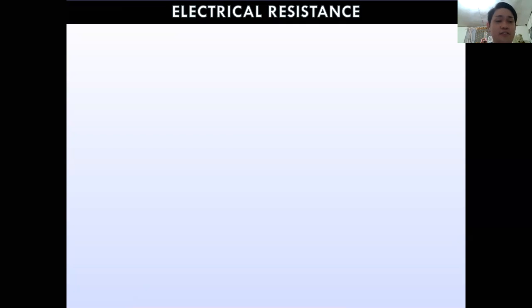And another, it is the measure of how easily charges flow through a circuit. But I guess it's very easy to remember when we describe electrical resistance as the one that will limit the flow of the current, or control the flow of the current. So I want you to remember that one.